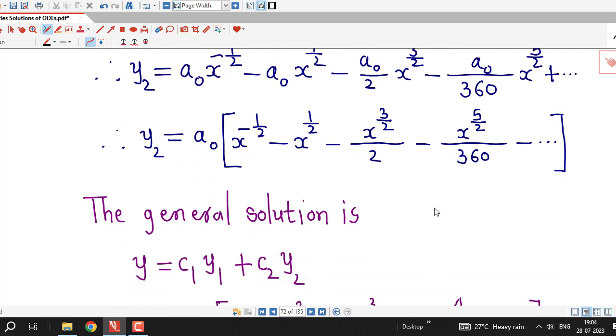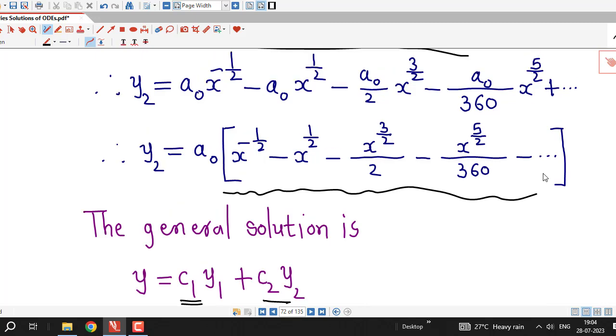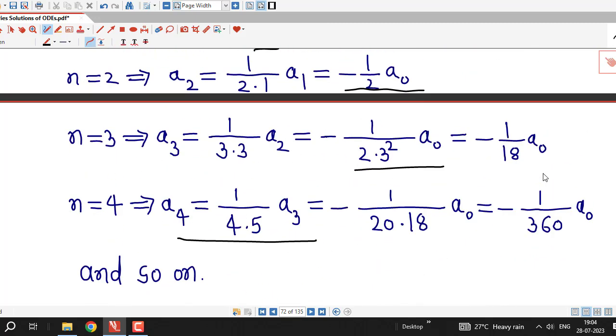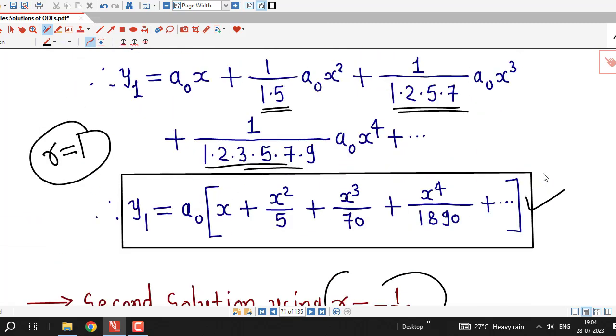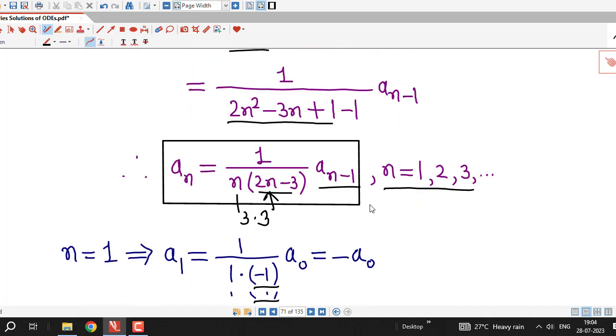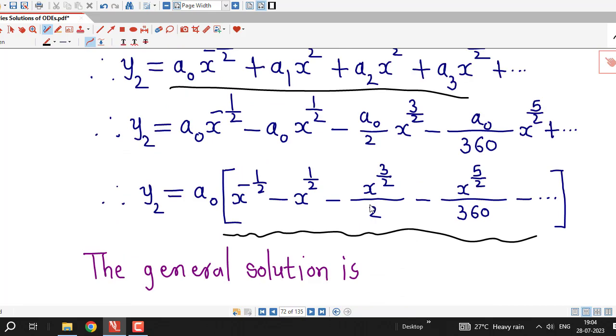Now the general solution is given by y equal to c1 y1 plus c2 y2. We can observe that these two solutions y1 and y2 are linearly independent. Here terms are x plus x square and so on, and here terms are x^(−1/2) and so on.